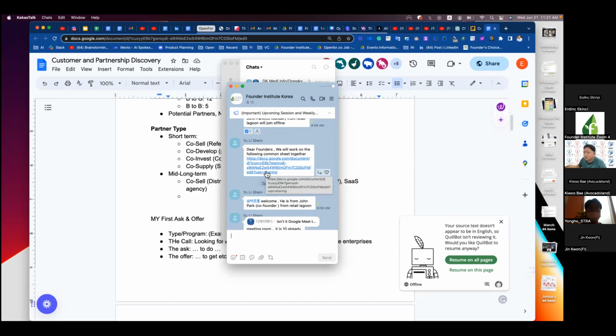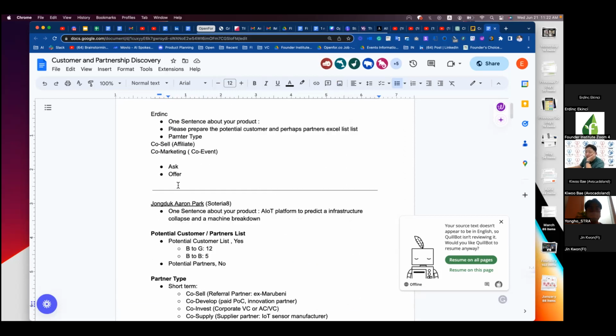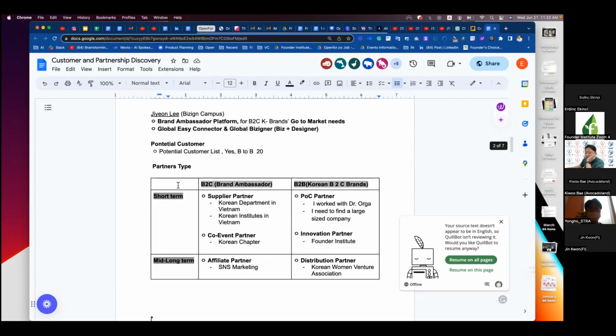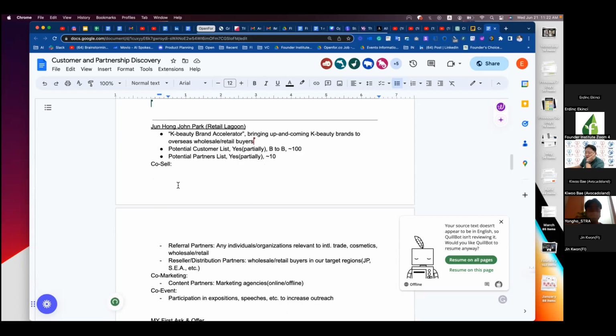He's doing it, and Yoho is doing the audit. How about DK? DK, can you talk through it? He's going first so he can explain. What you're going to do is the ask and offer: choose one partner type and fill in the ask and offer. For example, one is the referral partner that we work with.